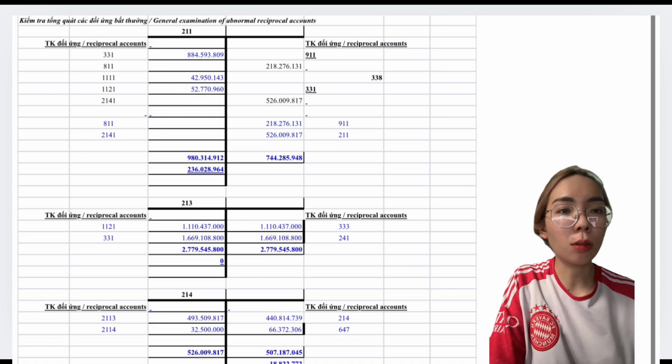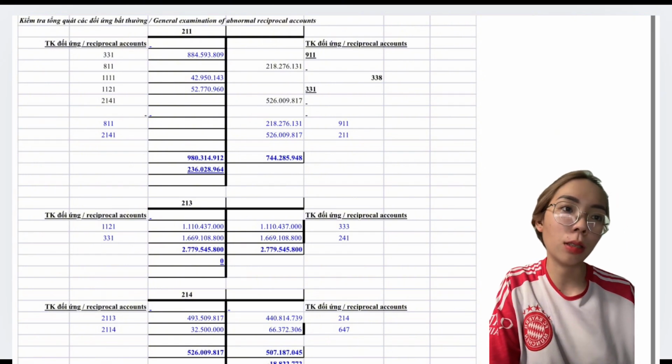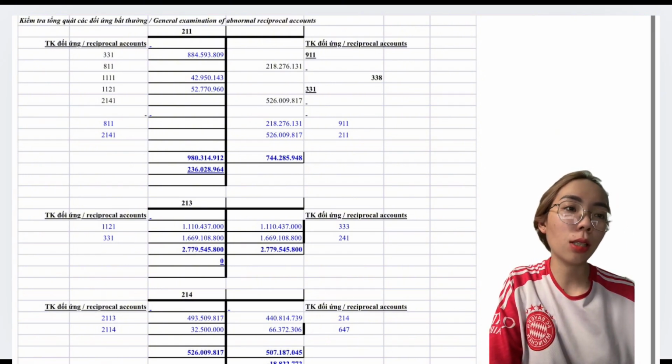The notable points are the high matching value with 331, indicating asset acquisitions via accounts payable, and a significant reciprocal entry with 811 suggesting potential abnormal cost allocation.